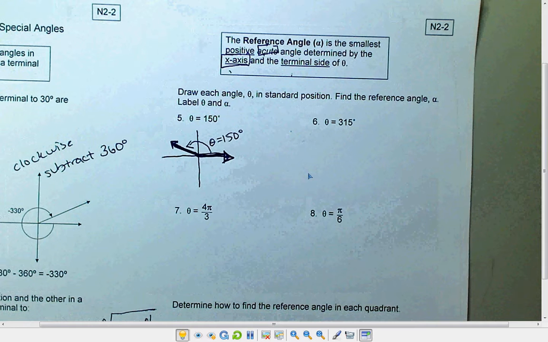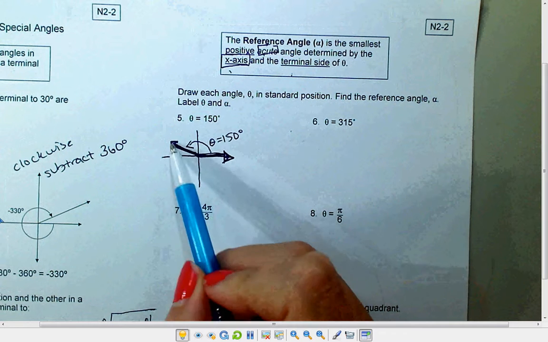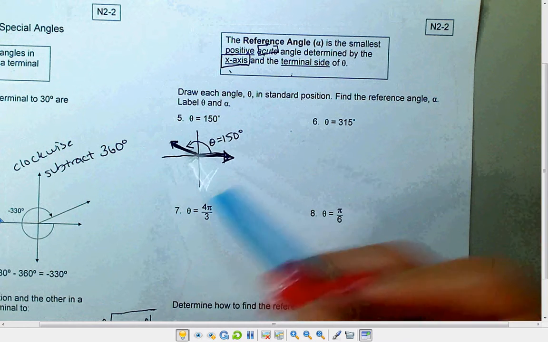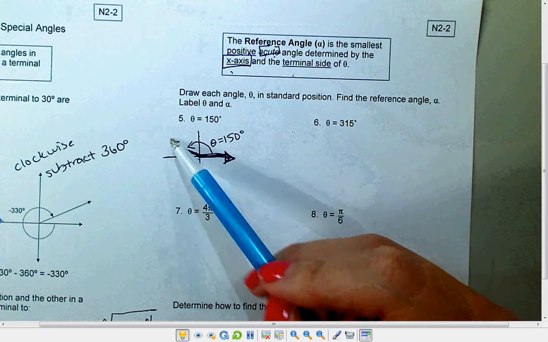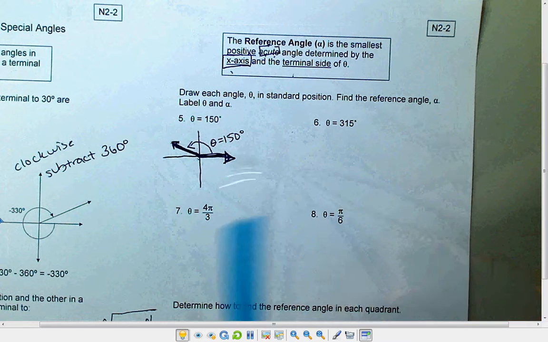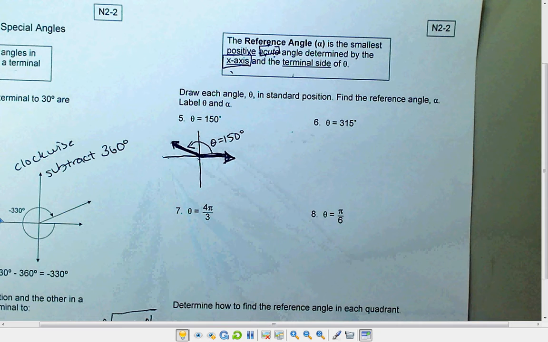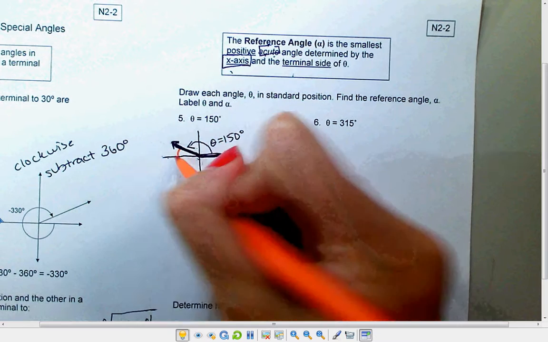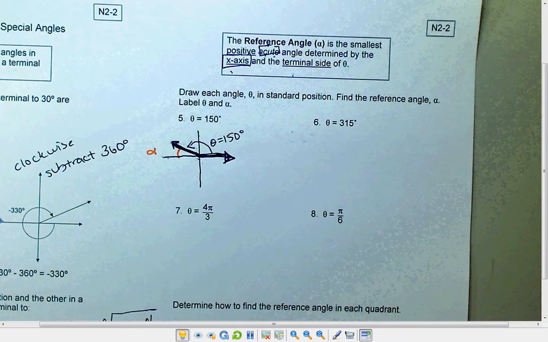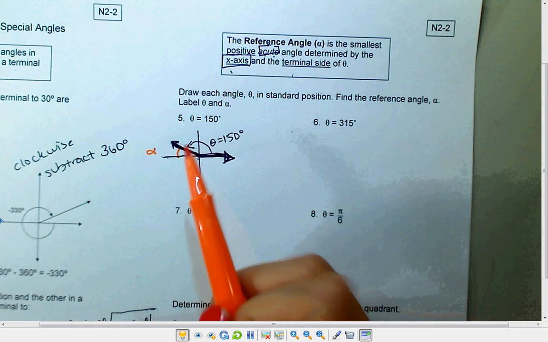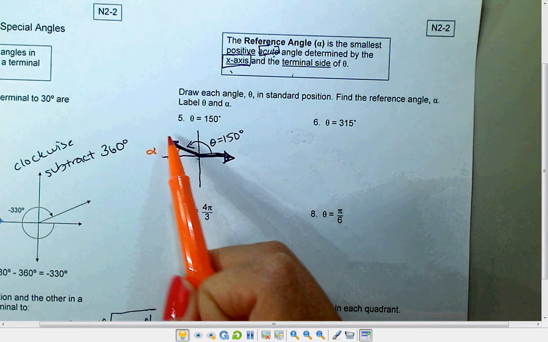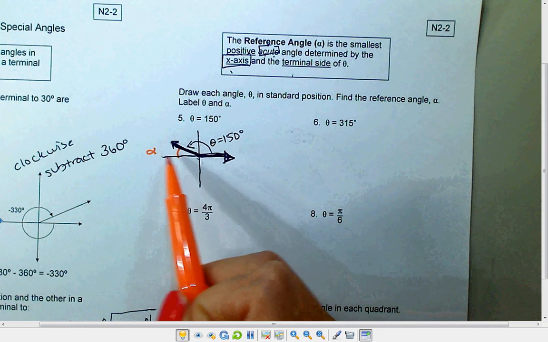Now we're looking at the terminal side. The terminal side is this one right here. I want to see what acute angle I can make with this and the x-axis. The x-axis is this one right here. The acute angle that this forms is right here. That is my alpha, which is your reference angle. It's the acute angle formed between the terminal side and the x-axis.